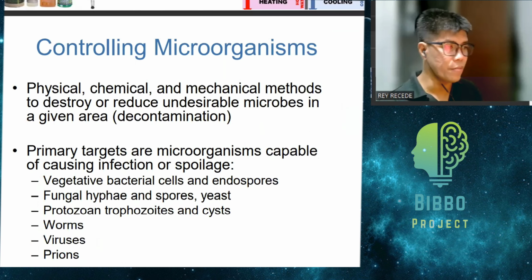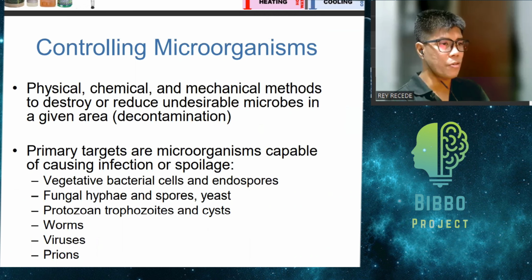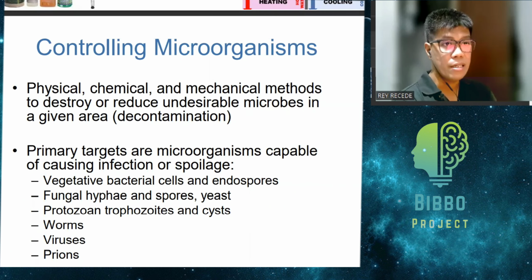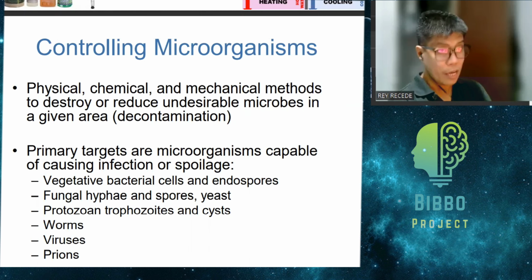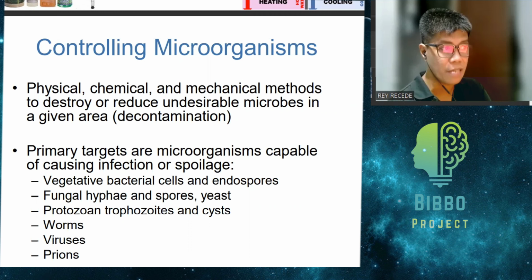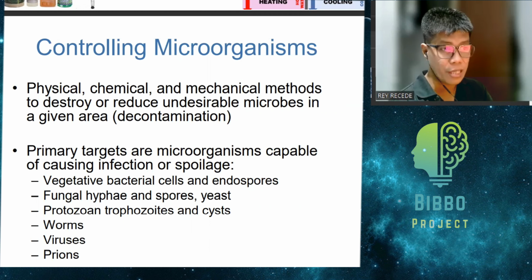Controlling microorganisms. Physical, chemical, and mechanical methods to destroy or reduce undesirable microbes in a given area is what we call decontamination. So there are different ways. It could be physical, chemical, or mechanical means. The primary targets are microorganisms capable of causing infection or spoilage.